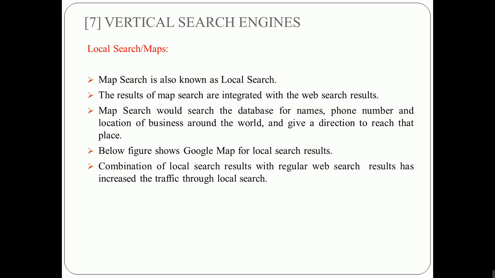So when you want to search any information on map search, this type of information from the database is also provided in the map search result, like name, phone number, location of a business around the world, and directions to reach a particular place.